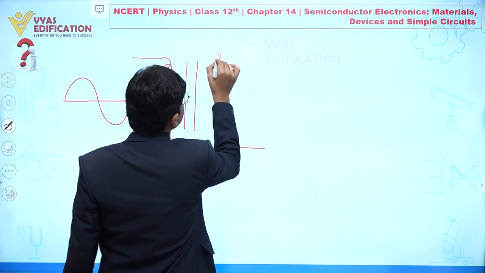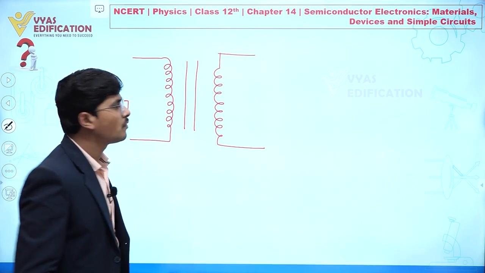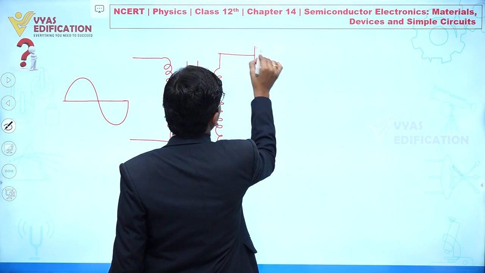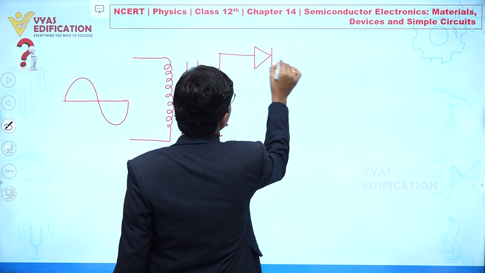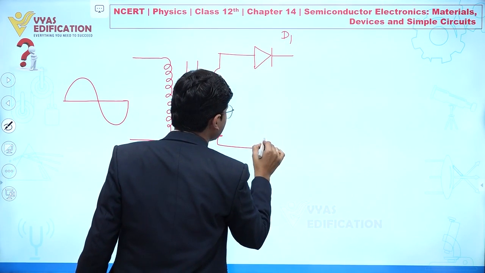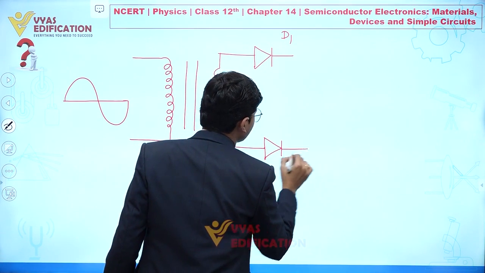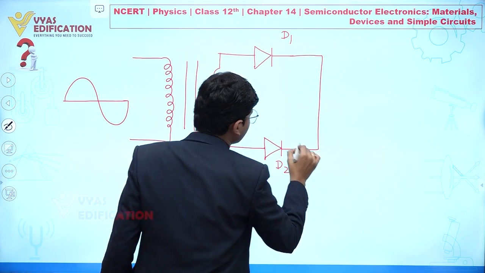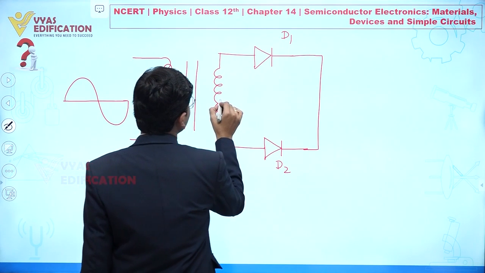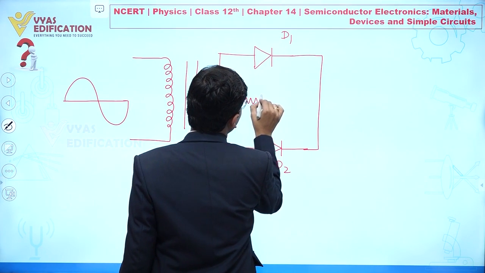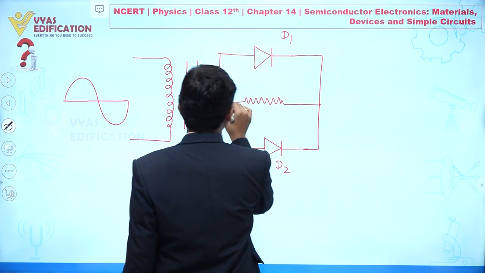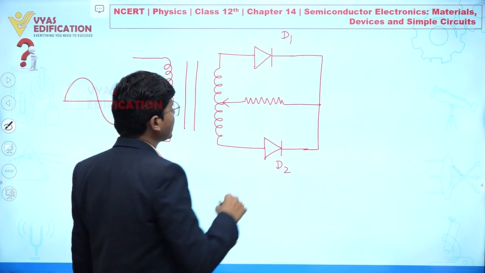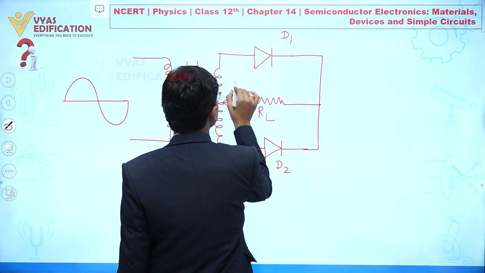Because we are talking about a full wave rectifier, I am utilizing two diodes. Let's suppose this is diode D1 and this is diode D2. Now we are connecting these two diodes like this, and I am using a center tap rectifier. And this has a load resistance.